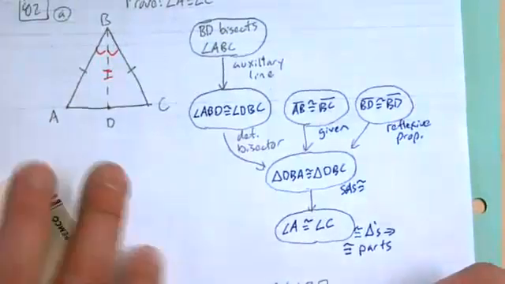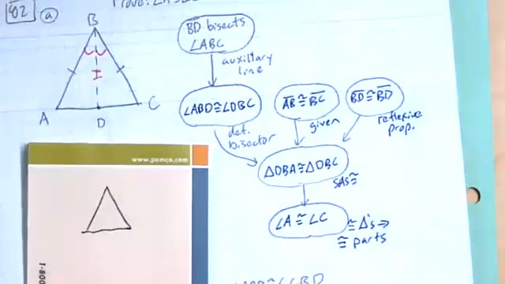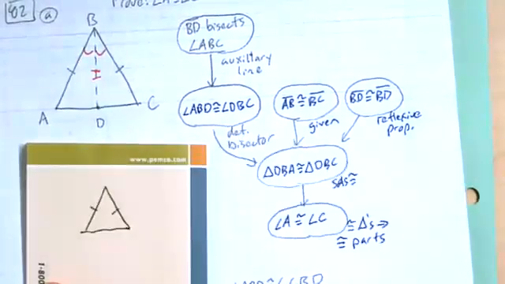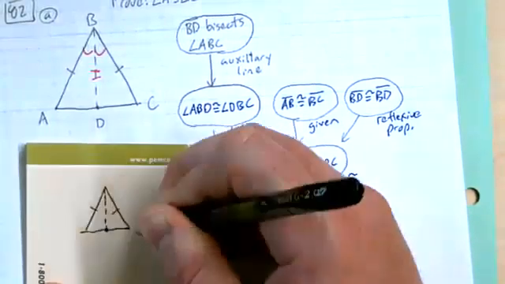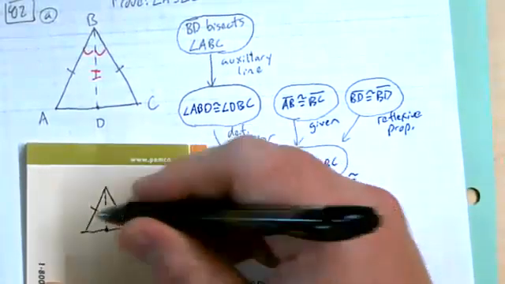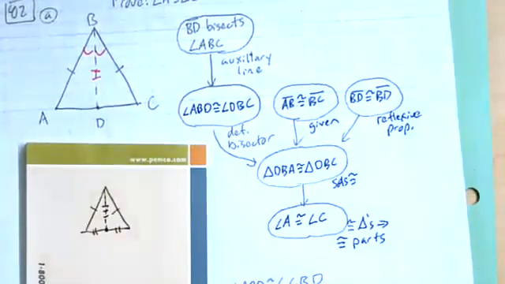Another class actually did it a different way. They decided when they did their auxiliary line to make it a bisector for this side, which meant this was equal to this. And then with your reflexive property, you get side, side, side. Okay, so theirs looks different.